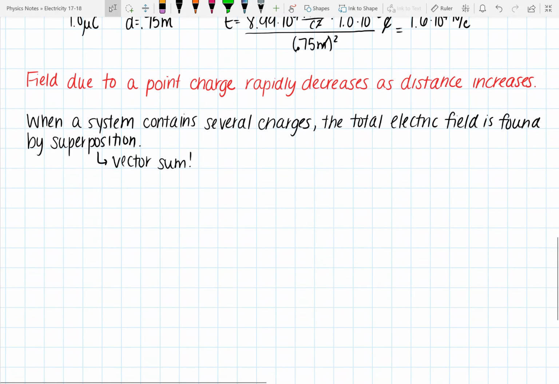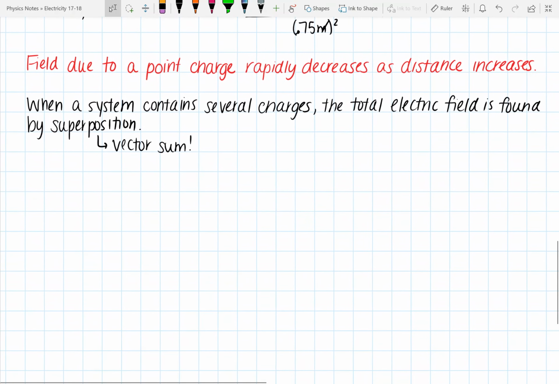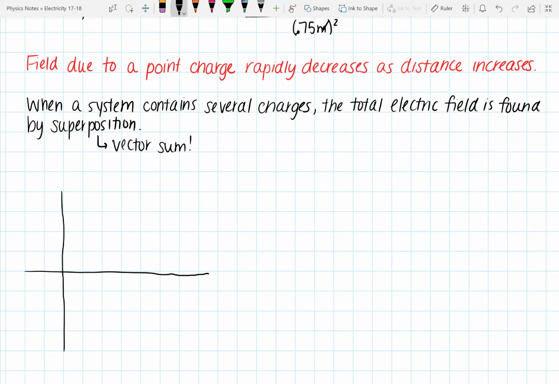So if I have this system. Okay, here's my XY coordinate plane. Always useful to work with when I'm talking about vectors.